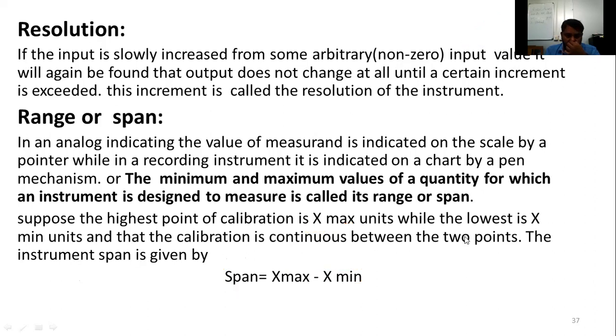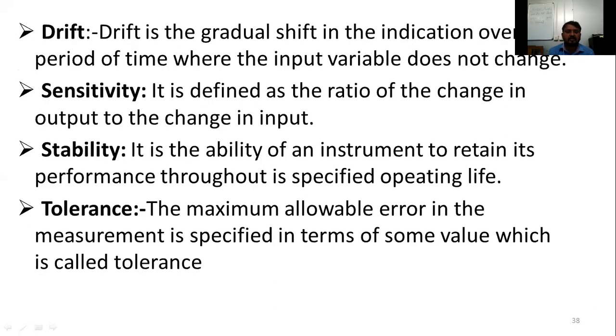Yes, sir. Okay. Next, we'll go for the next topic. That is called the drift. Drift is the gradual shift in the indication over a period of time where the input variable does not change.